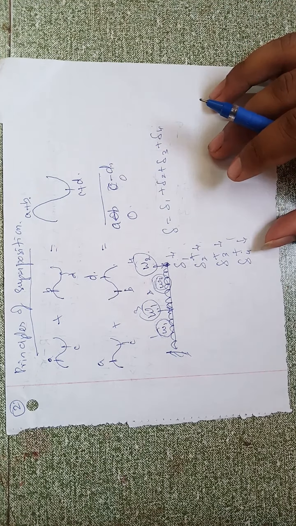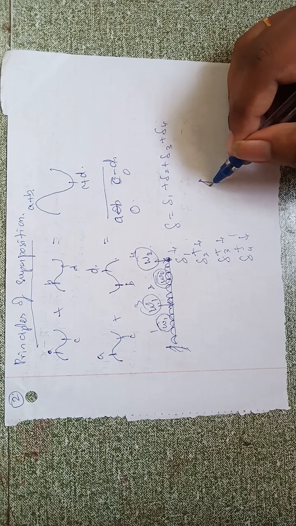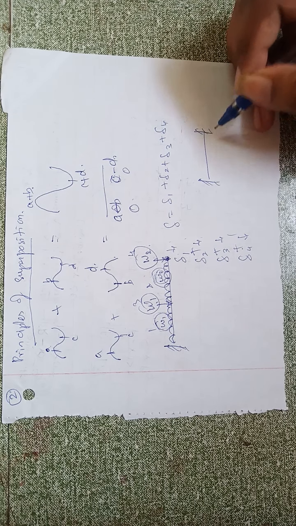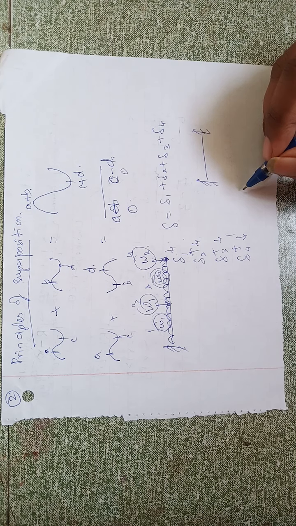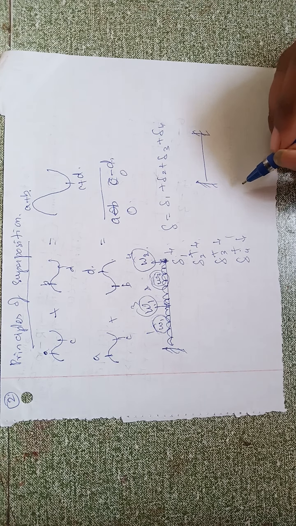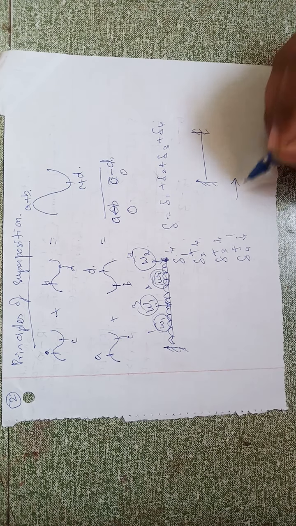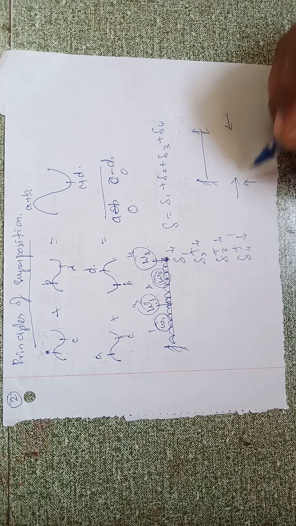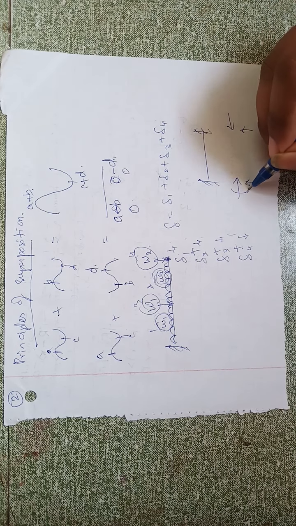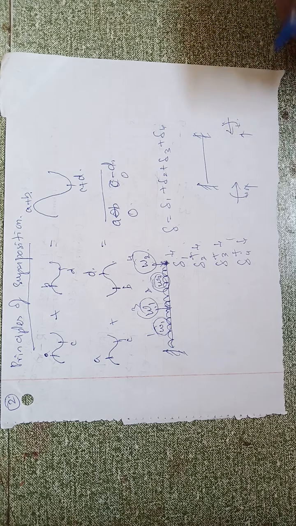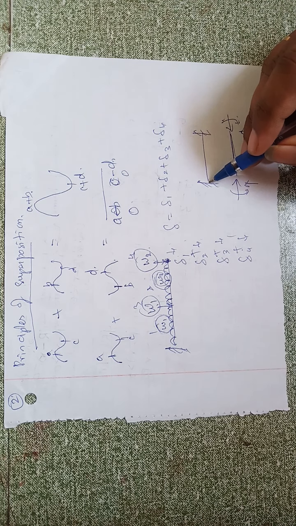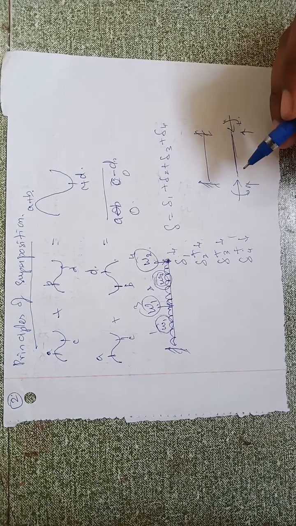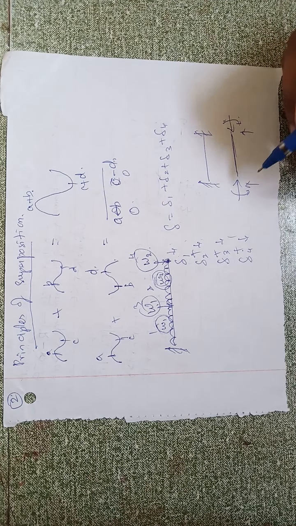Similarly, I am going to consider a fixed beam. In this fixed beam, if you draw the free body diagram, you can see the horizontal force, vertical force, and moments. So this is the free body diagram. Here we are replacing the fixed support with forces and moments.